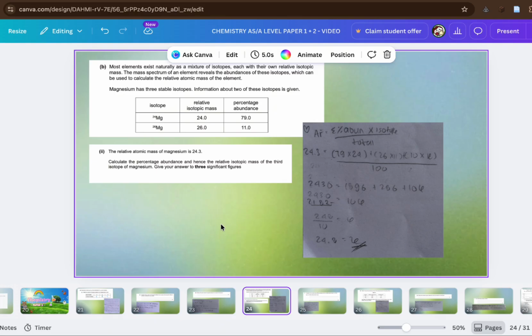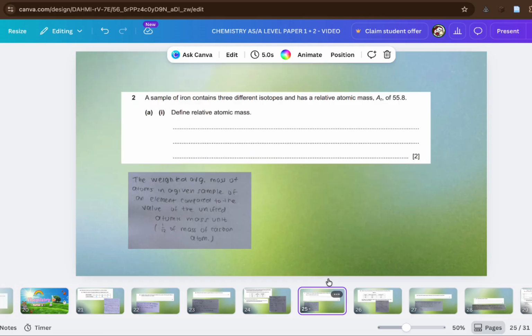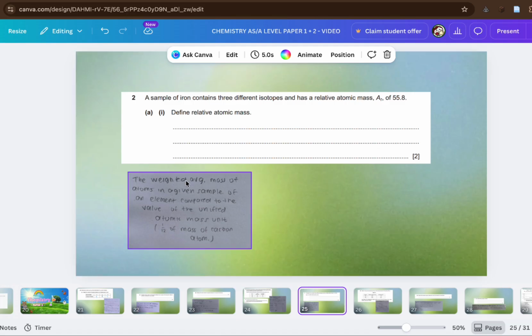So the isotopic mass of the third isotope of magnesium is 24.8 and the percentage abundance is 10%. Okay, next. Define relative atomic mass. The relative atomic mass is the weighted average mass of atoms in a given sample of an element compared to the value of the unified atomic mass unit, which is 1/12 of the mass of a carbon-12 atom.